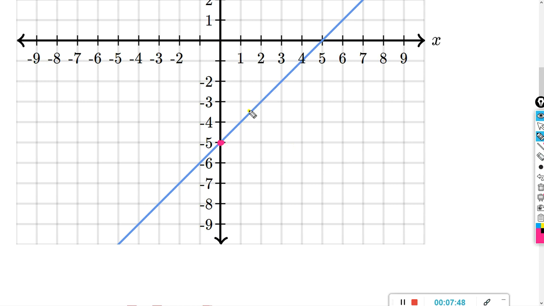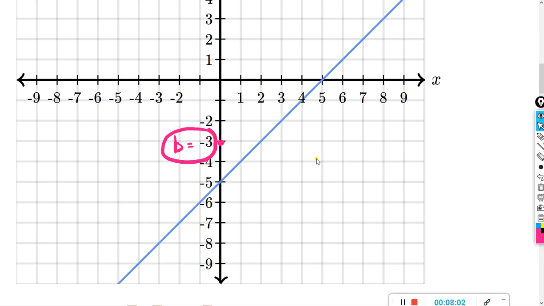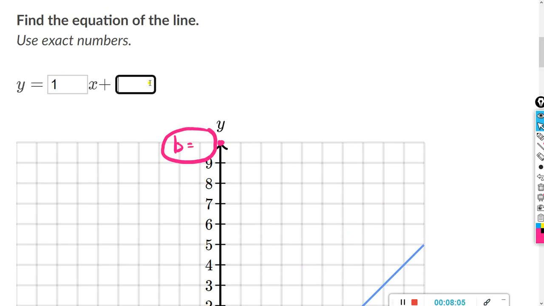You can see the line intercepts the y-axis right there. So the value for b is just negative 5. That's this point right here. So you click inside the box and type negative 5.